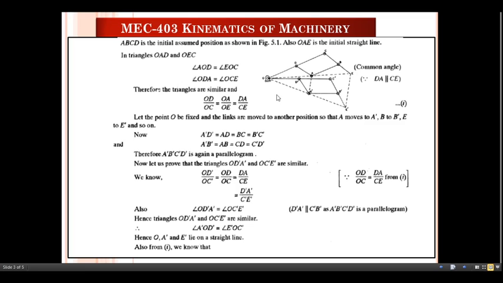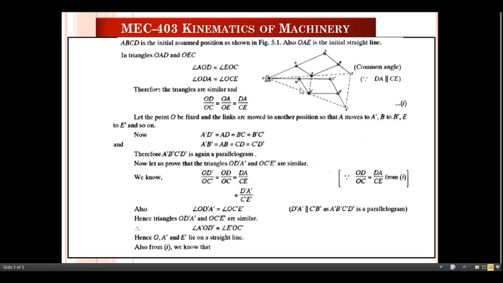Now let us prove that the triangles OD dash A dash and OC dash E dash are similar. From this, OD dash by OC dash equals OD by OC equals DA divided by CE.